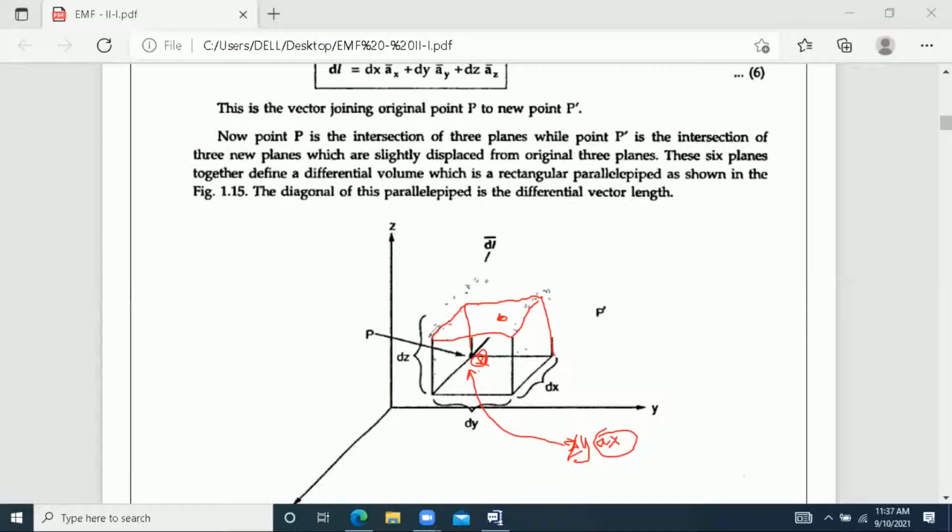So we said the cube has 6 sides. Take this side out here. This side would be x times z. The direction of this side would be in the ay.